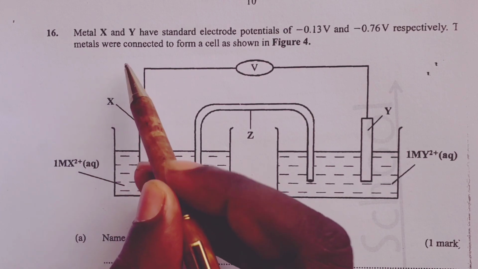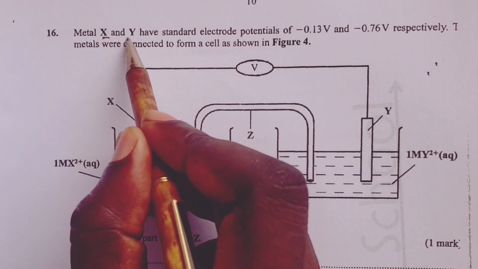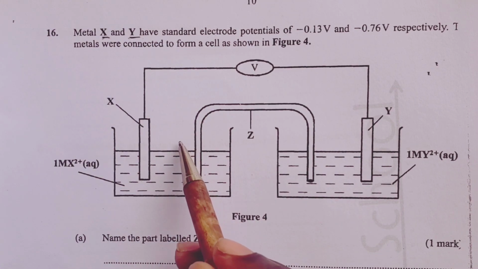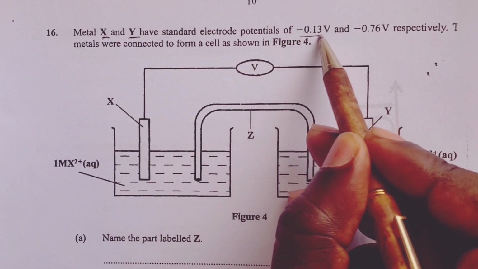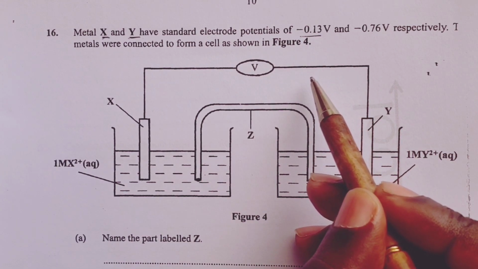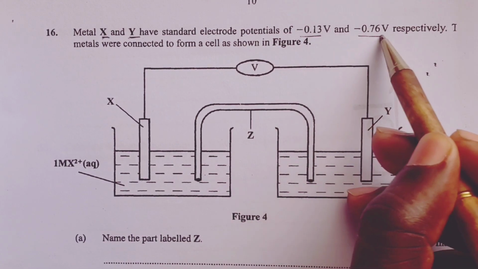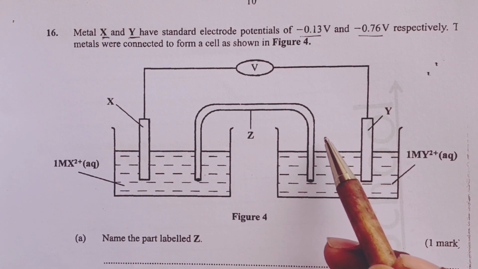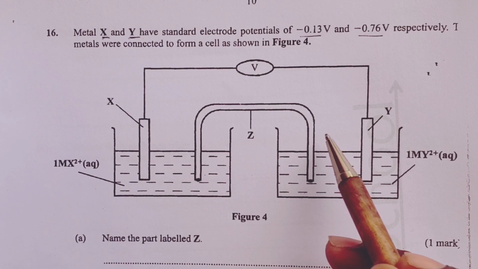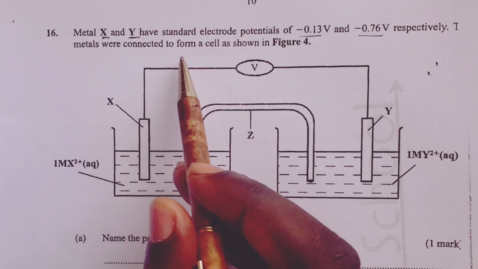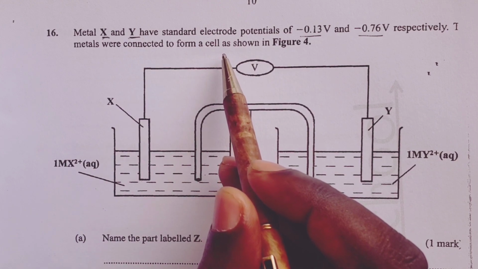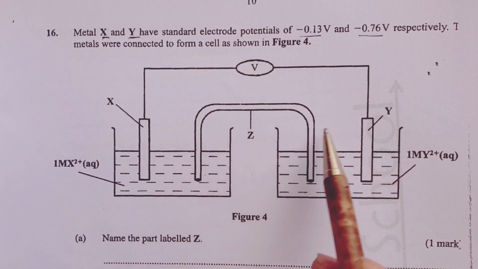So we are told metal X and Y have standard electrode potentials of negative 0.13 and negative 0.76 volts respectively. We are told that the metals were connected to form a complete cell as shown in figure 4.